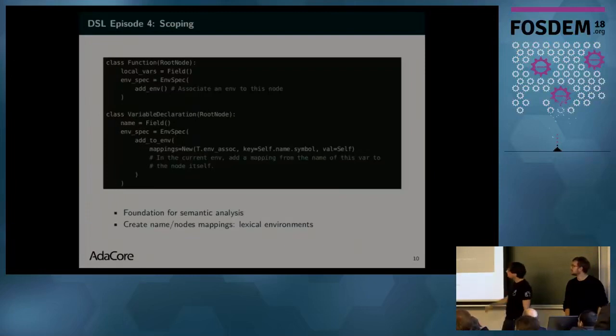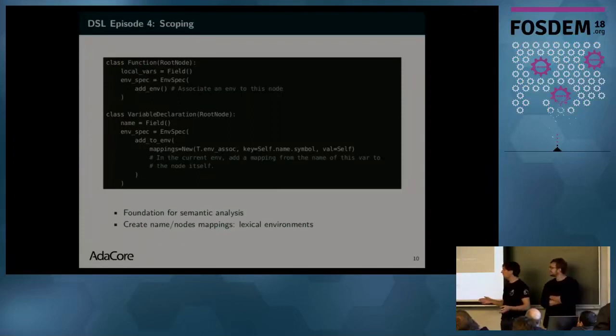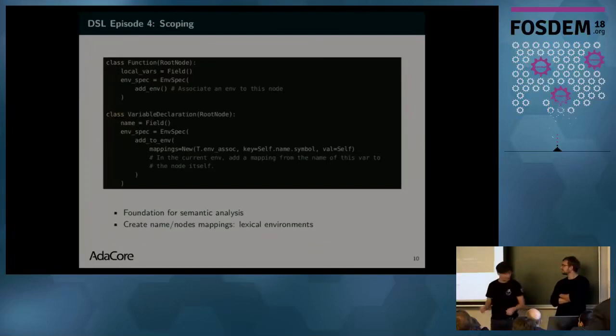So here we provide, in AST nodes, special annotations that will describe, okay, we have a function, this function creates a scope, and everything that will happen inside it will act on this scope, again in a recursive fashion. These special annotations will enable you to create mappings, so kind of dictionaries that map from identifiers to nodes. So this is the first step.